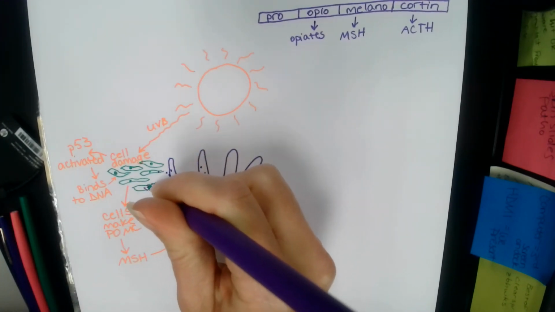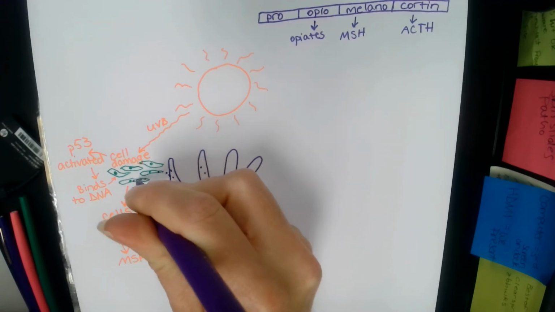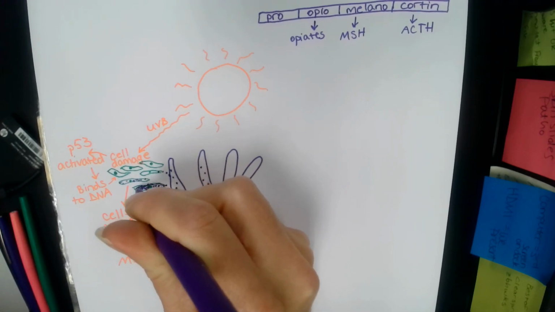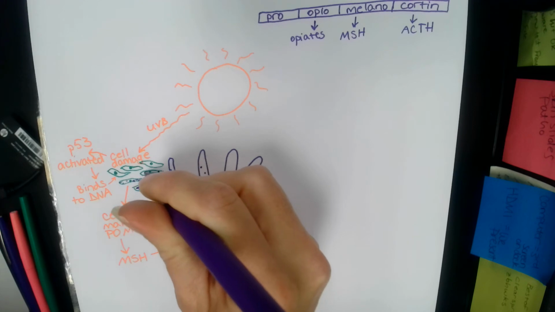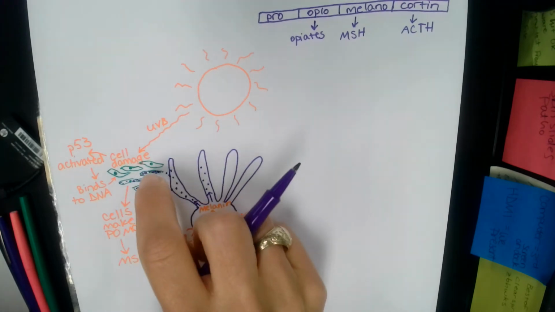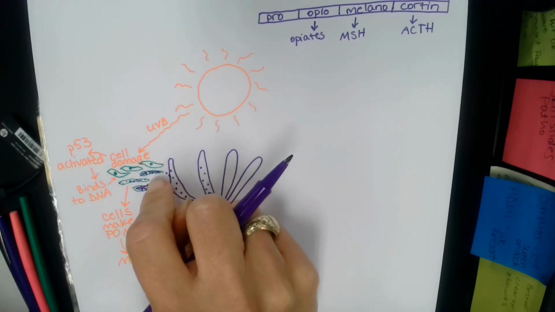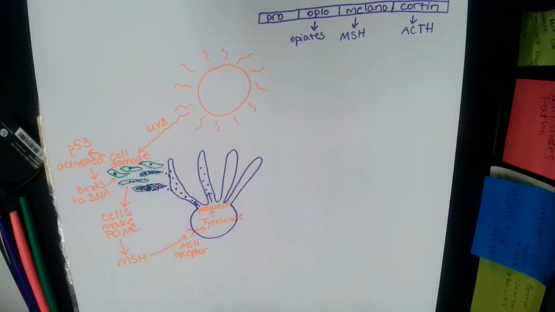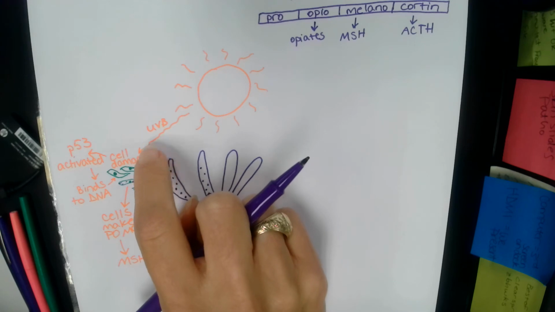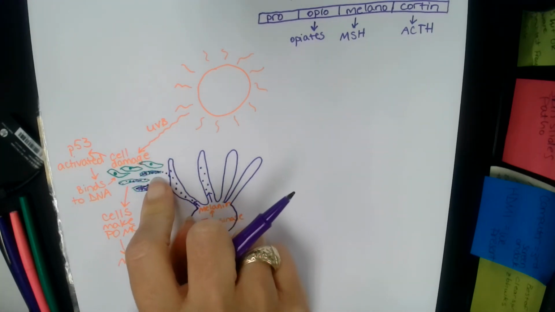It fills and fills and fills this keratinocyte and this keratinocyte and all the keratinocytes, and it creates like a helmet or an umbrella that guards the DNA. So it surrounds the DNA so that the UVB rays can't get to it. Okay, it's like putting a shade over it. So the UVB rays are not able to directly damage the DNA.